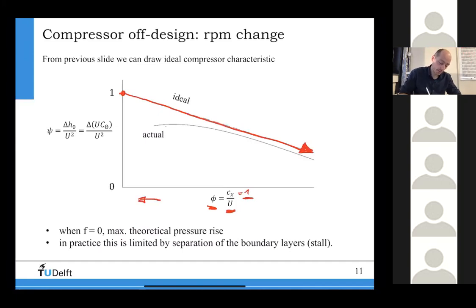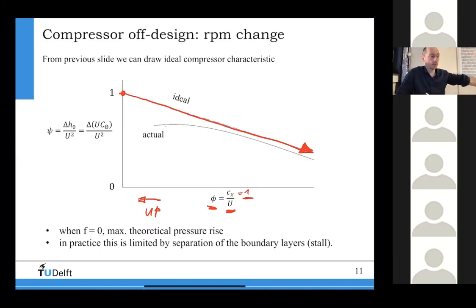So this is increasing U. So you can see that my theoretical performance map for a compressor is the opposite of the turbine. The higher the rotational speed, the higher the flow coefficient, the higher the pressure ratio I can get out from a compressor.